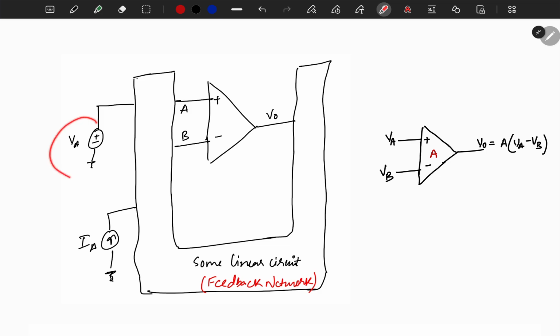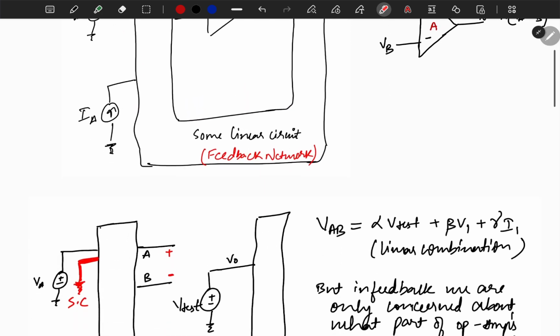Of course, we might have independent sources, some current sources or voltage sources, biasing the op-amp and the linear circuit in the feedback. So we will see how it is done.